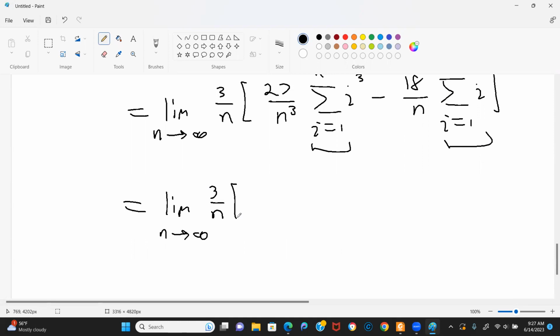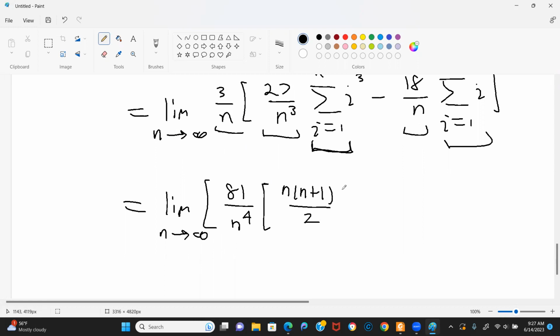With the following. I'm going to also distribute this through. If you distribute this through to this term and then to this term, you're going to get 81 over n to the fourth. And now what you replace the first sum by is n plus 1 over 2, squared.